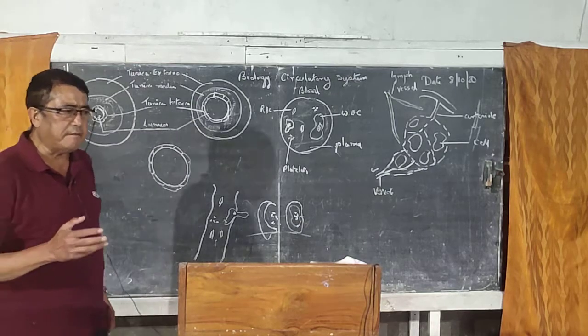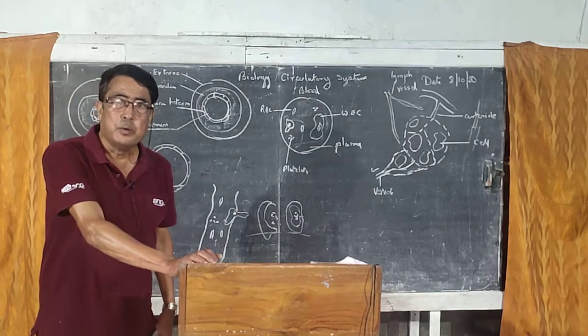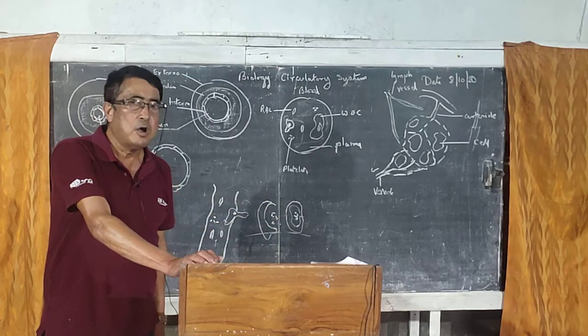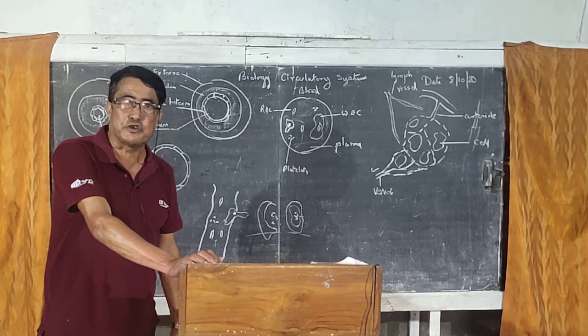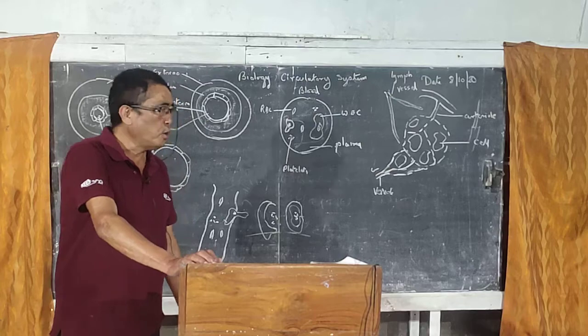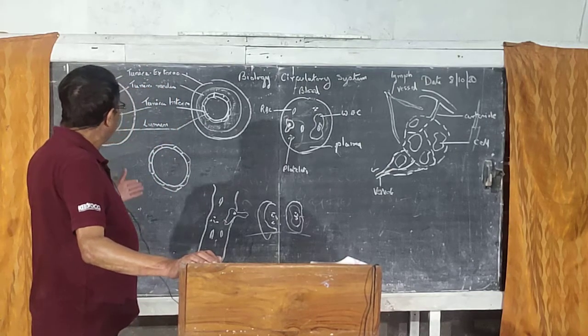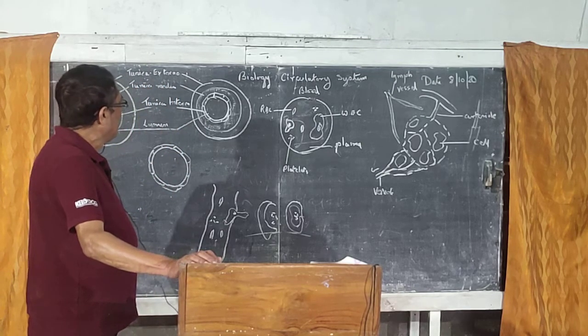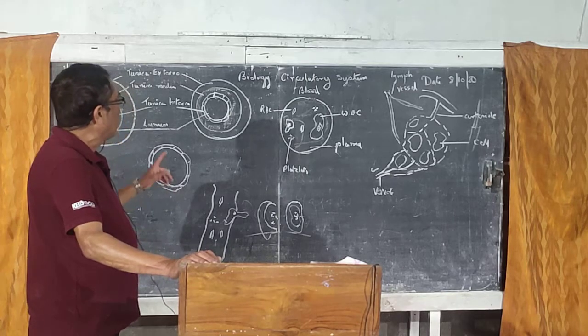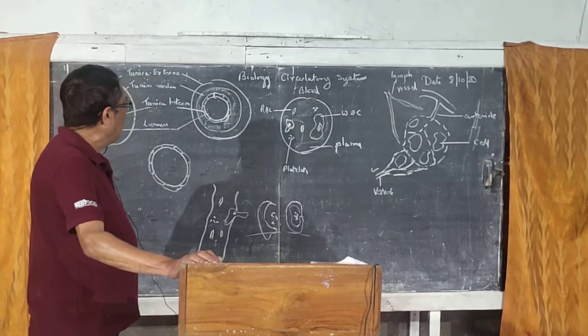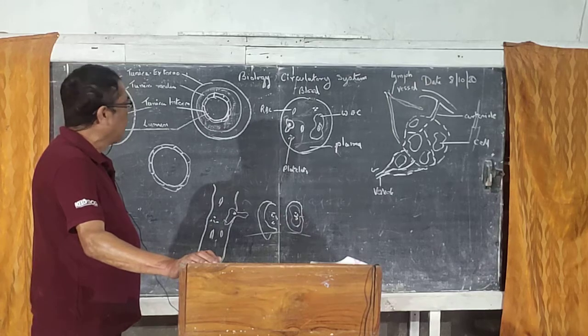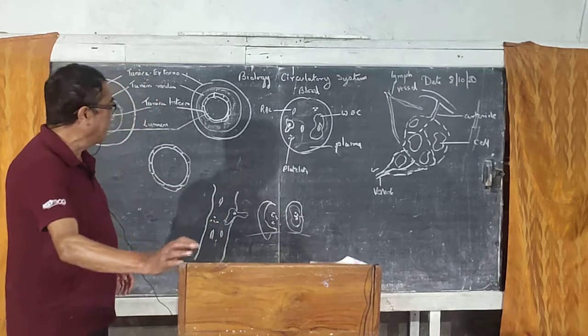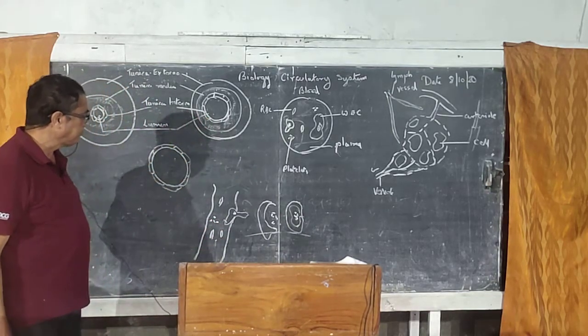As we have studied, valves are structures which allow the flow of blood only in one direction. The valves present in the blood vessels, in the veins especially, are called pocket valves. The working of the pocket valves we'll do later on.